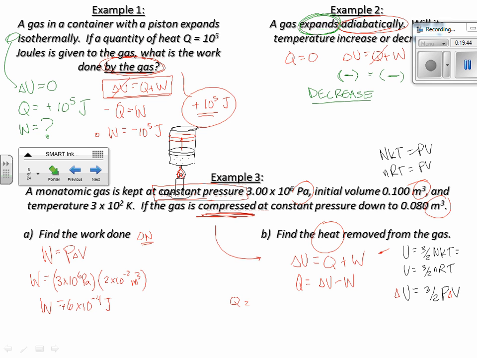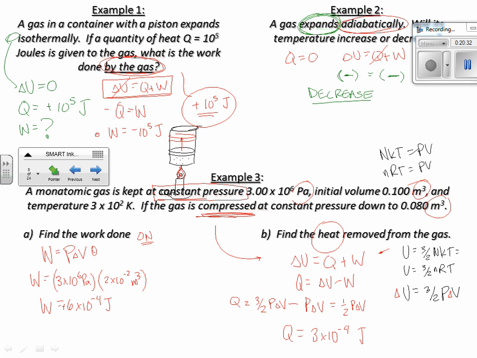In this case, we have delta U is 3/2 P delta V minus our W, which was P delta V. That ends up being 1/2 P delta V. And if work, P delta V, was 6 times 10 to the negative fourth, then Q is 3 times 10 to the negative fourth joules. Okay? You got me? You all right?